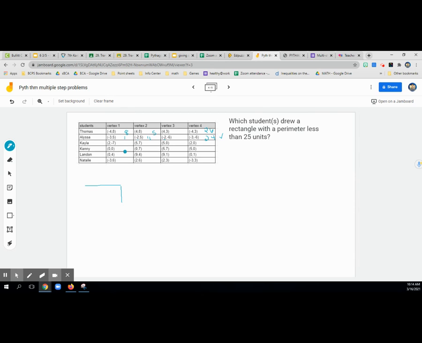Looking at Kayla, we have got something more challenging. We're going to have to do a little bit more work for Kayla. So let's imagine our coordinate plane. We've got a point at 2, negative 7, and then a point at 5, 7, at 5, 0, and then 2, 0.